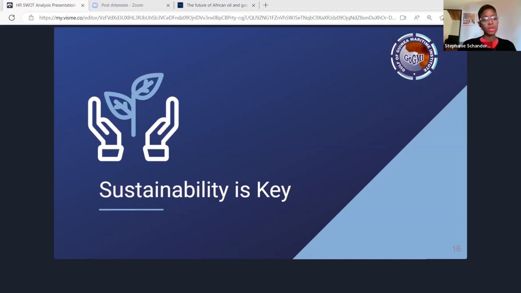And one thing that is central at this point is the issue of sustainability. So we want to prime ourselves to exploit the blue economy and to tap into its benefits, yes. But we also want to make sure that we act as effective stewards of the ocean. It's not just for this current generation, but it's also for the generations to come after us.